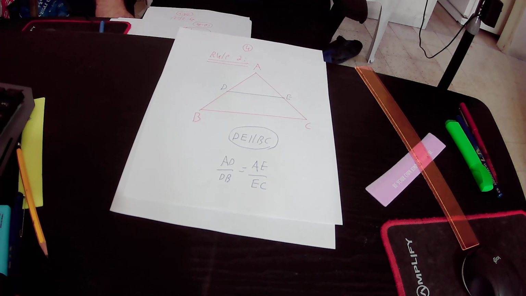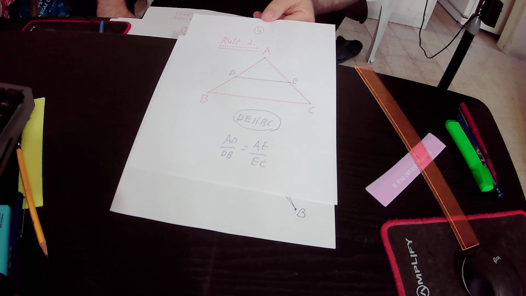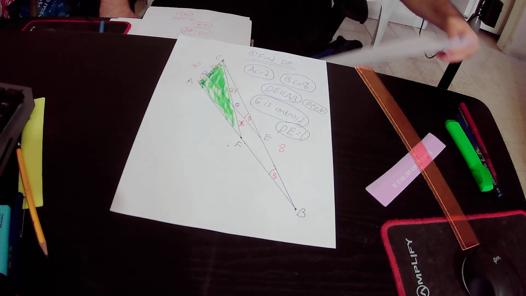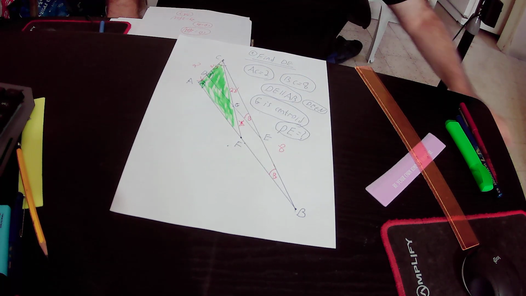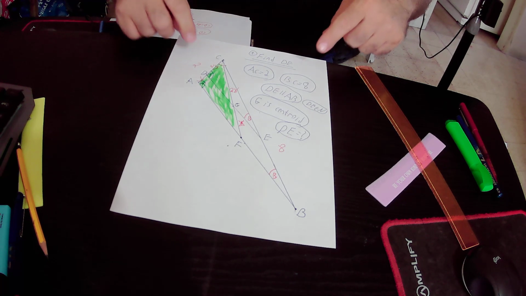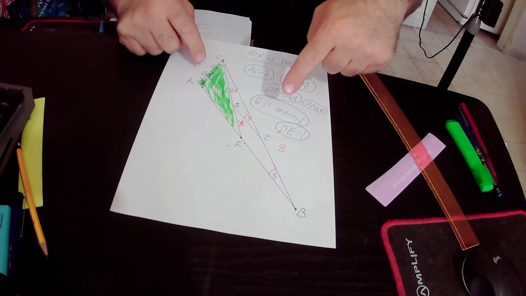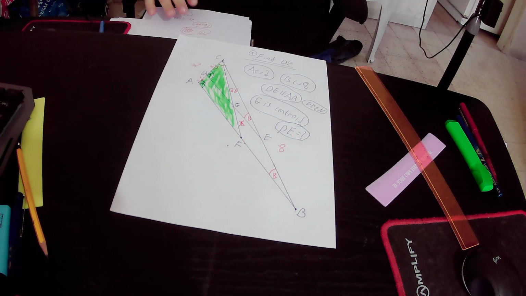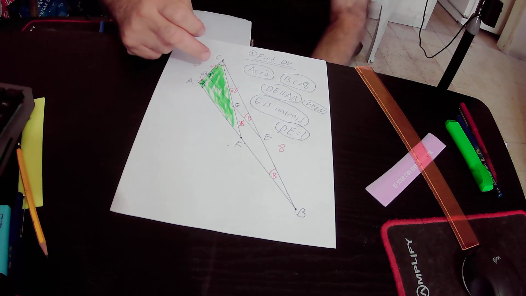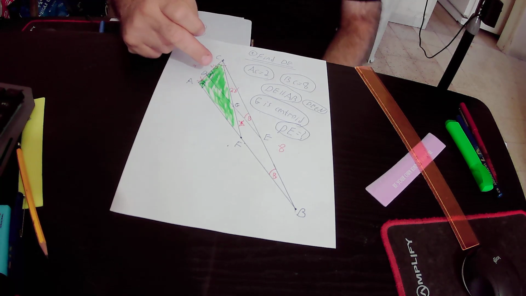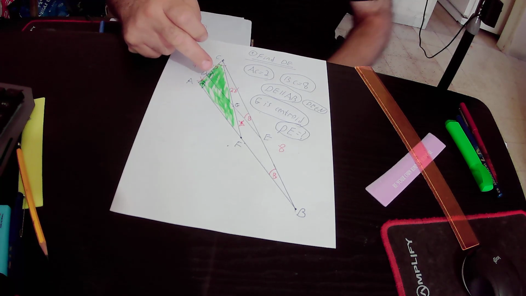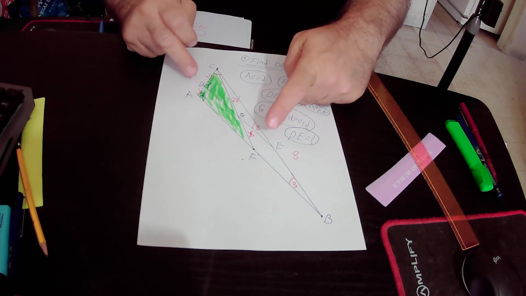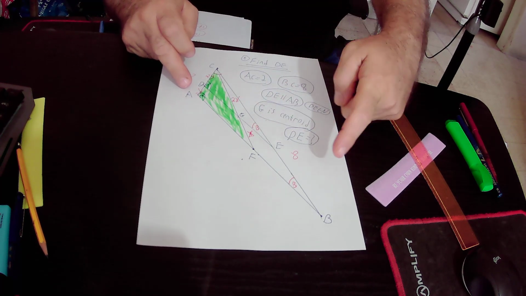Okay, so again we can implement this rule in our drawing, because we know, according to what is given in the question, that DE is parallel to AB. So if we relate to the green triangle, triangle ACF, we know that DE is parallel to AB.